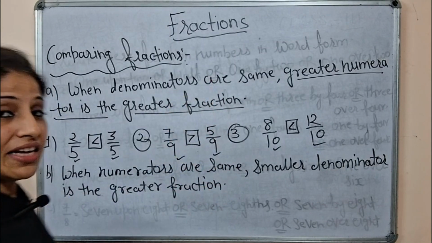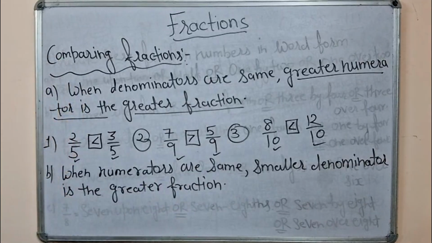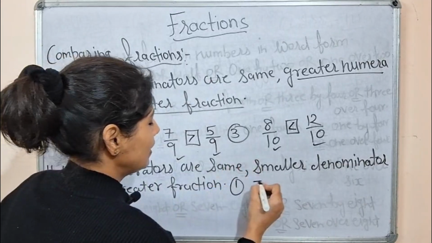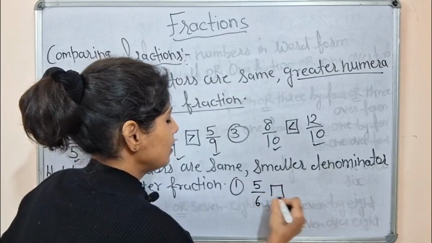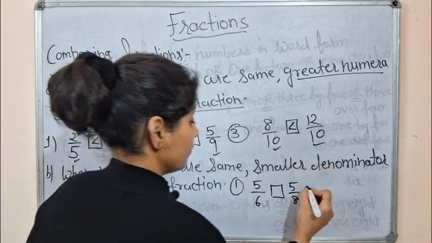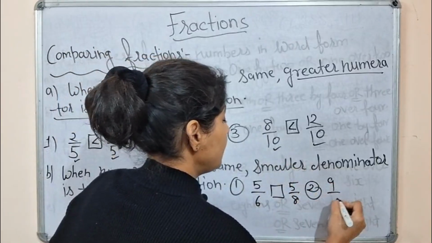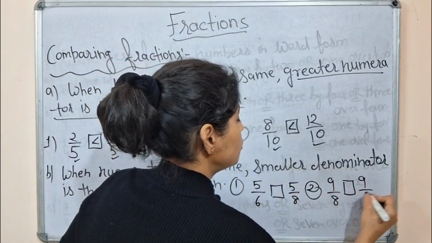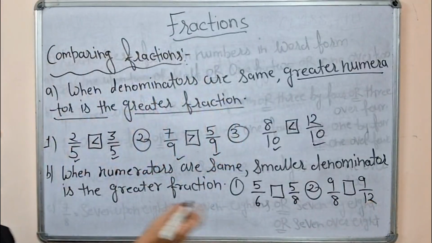So let's do it. I'm taking a few examples again. Example number 1, 5 upon 6 or 5 upon 8, which is greater? We need to tell that. We will solve it, don't worry. 9 upon 8 or 9 upon 12, which one is greater?